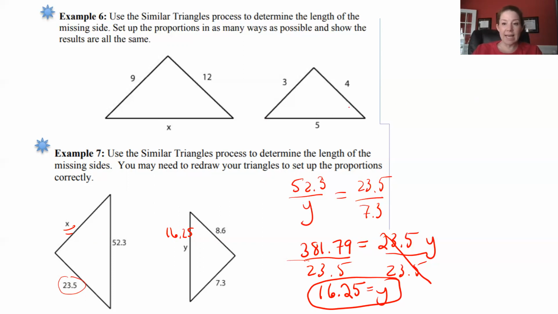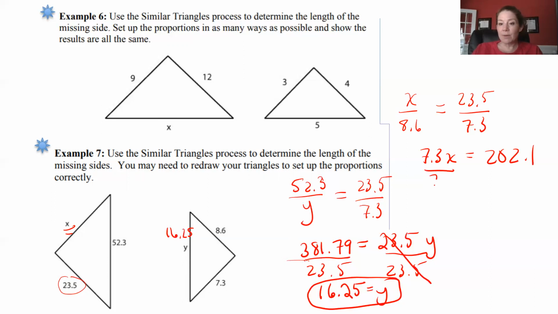So we're going to say x corresponds to 8.6 as 23.5 corresponds to 7.3. So we're going to cross multiply. x times 7.3 is 7.3x. And then we're going to do 8.6 times 23.5, and we get 202.1.